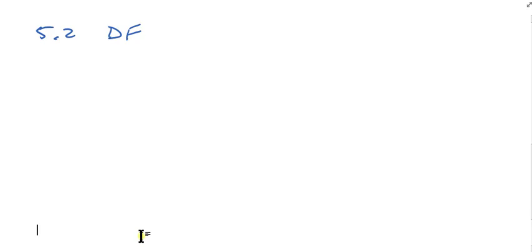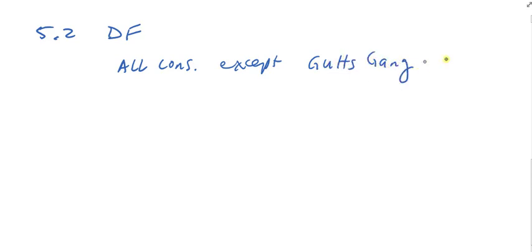Dagesh forte, this can occur in all consonants except what I like to refer to as the guts gang. Guts stands for gutturals. What are the guttural consonants? Ayin, aleph, hey, and chet, and then resh, I like to call a guts wannabe.